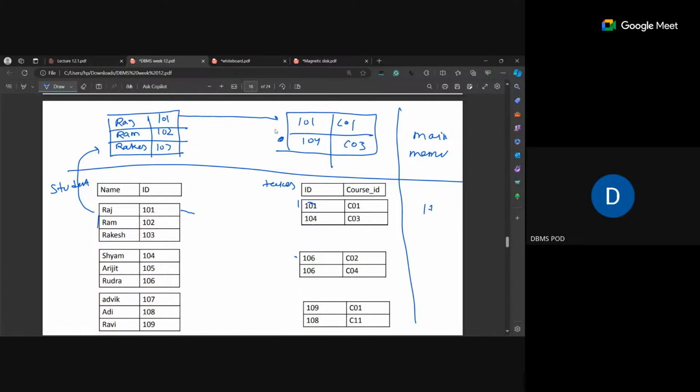After that, Ram 102 will check with 101. If it matches, it will add to the result. Ram 102 will check with this tuple too. Then 103 with 101, and 103 with 104. If it matches, it will add to the result. After that, this block will be added to the result, right?